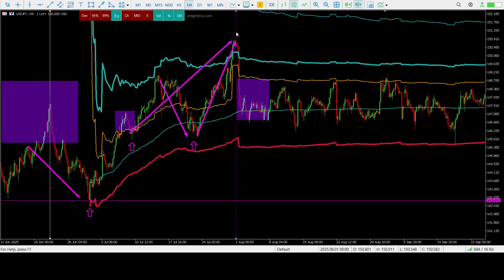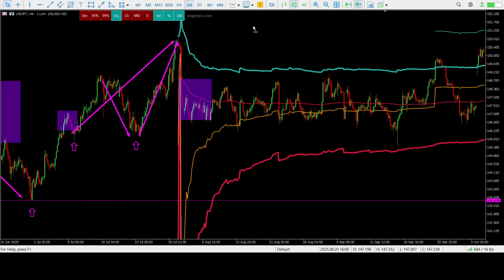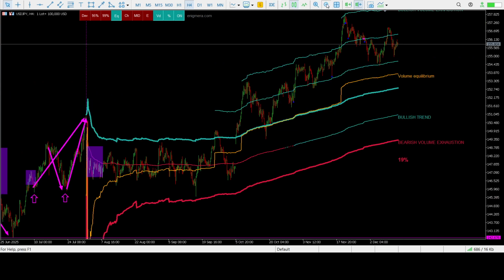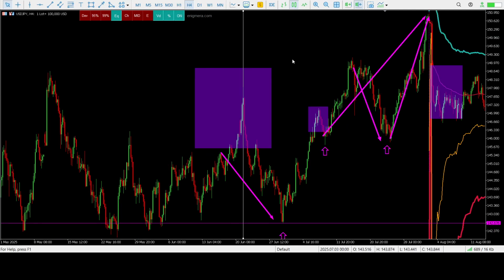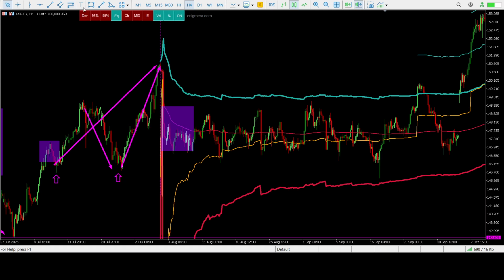I will change again the position of the purple line. Okay. What I got here? It is a signal. It is a bearish signal because the market broke the equilibrium line and shows us that it's possible to trade in the bearish area.